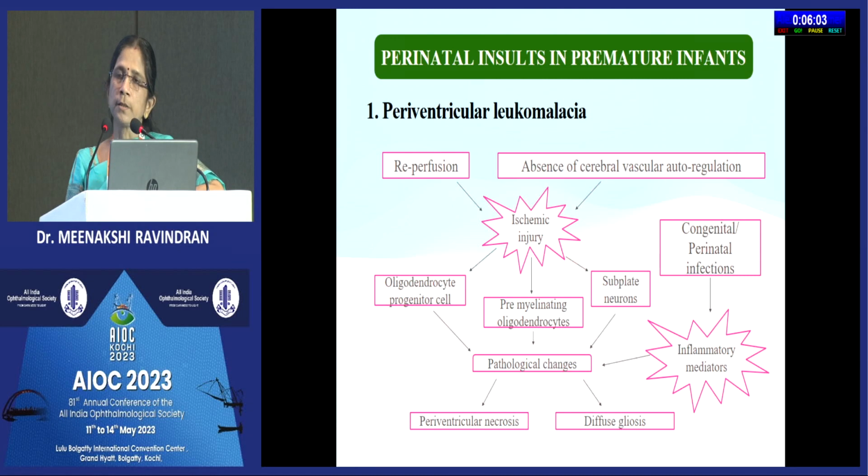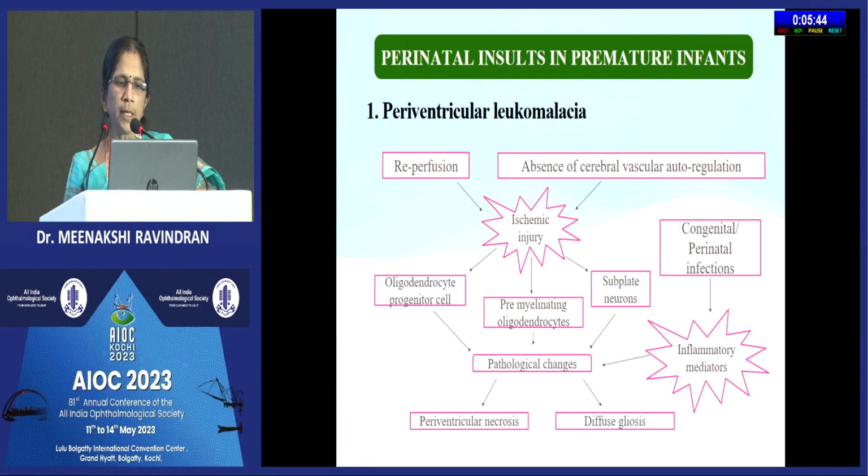In the Western countries, they are seeing more of CVI as the main cause of blindness, but we are also not far behind, because our preterm care has improved very much, and so we are now showing ROP growth and CVI growth also.